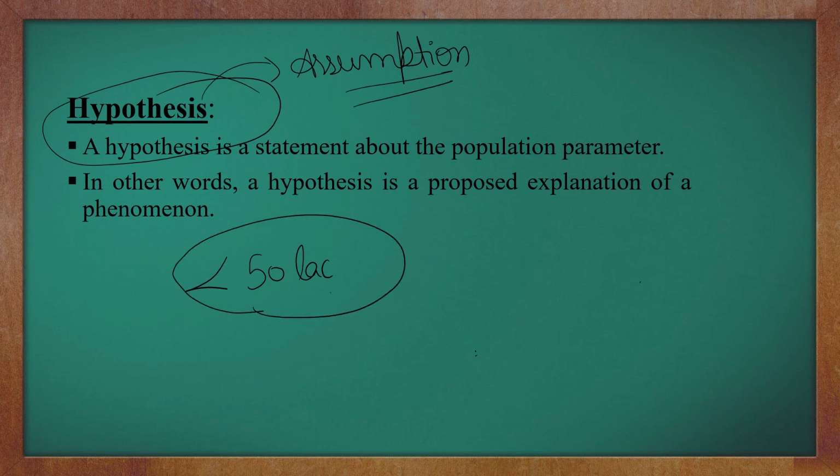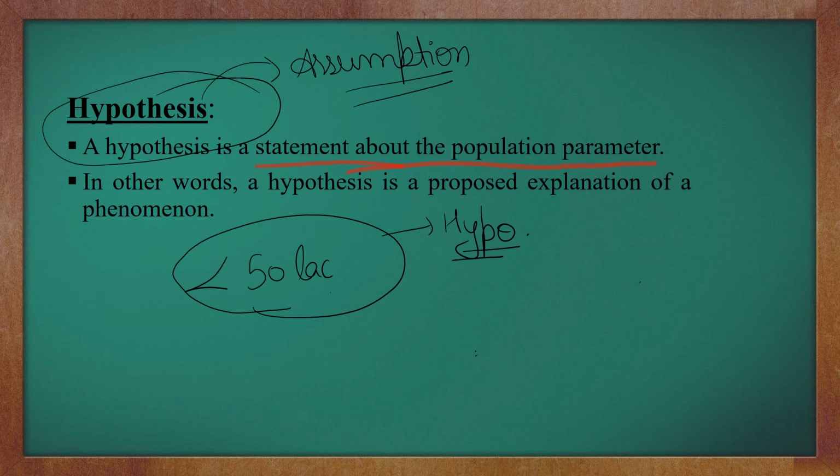This statement is called a hypothesis. So hypothesis means we randomly give any assumption or statement. So a hypothesis is a statement about the population parameters. About the population, you are giving any random statement, that is called a hypothesis.